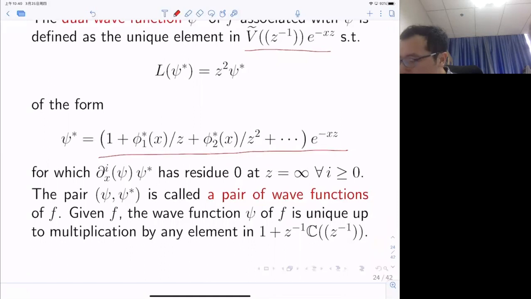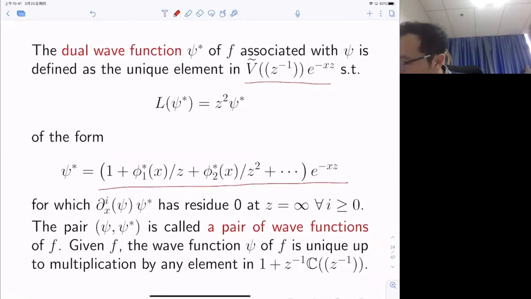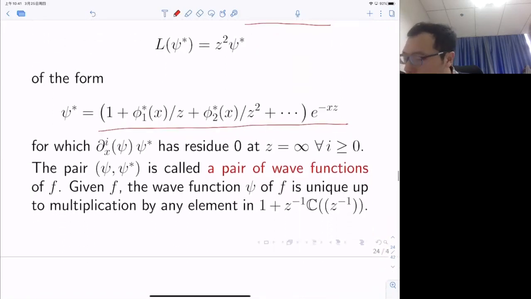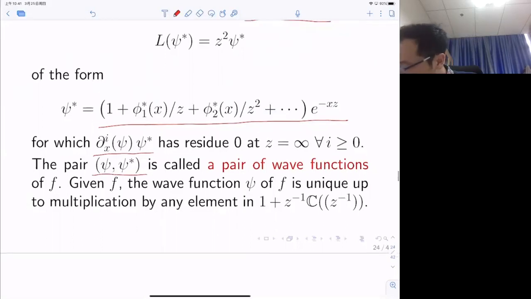However, we will define the dual wave function associated with psi with a further condition: all of the higher order derivatives with respect to x of psi times psi star have residue 0 at z equals infinity. And this psi and psi star will be called a pair of wave functions.